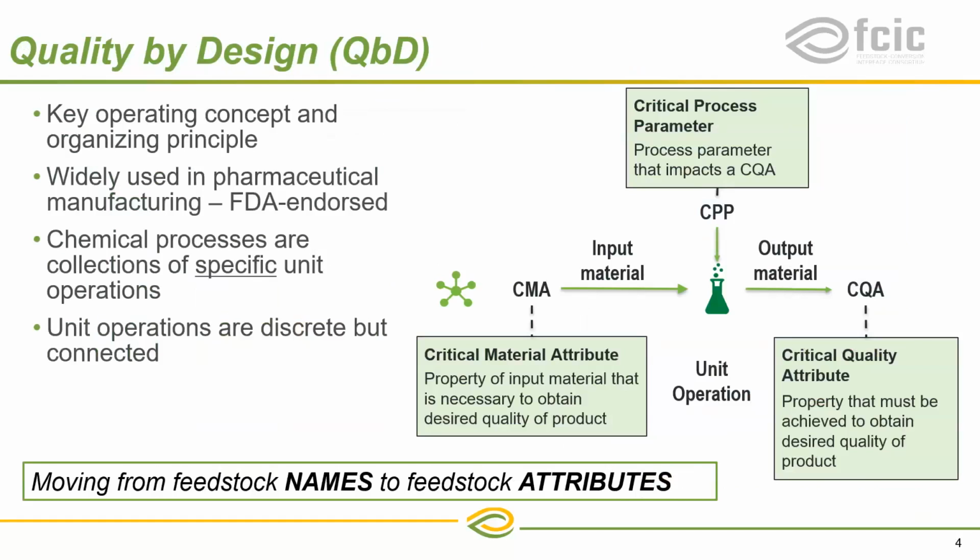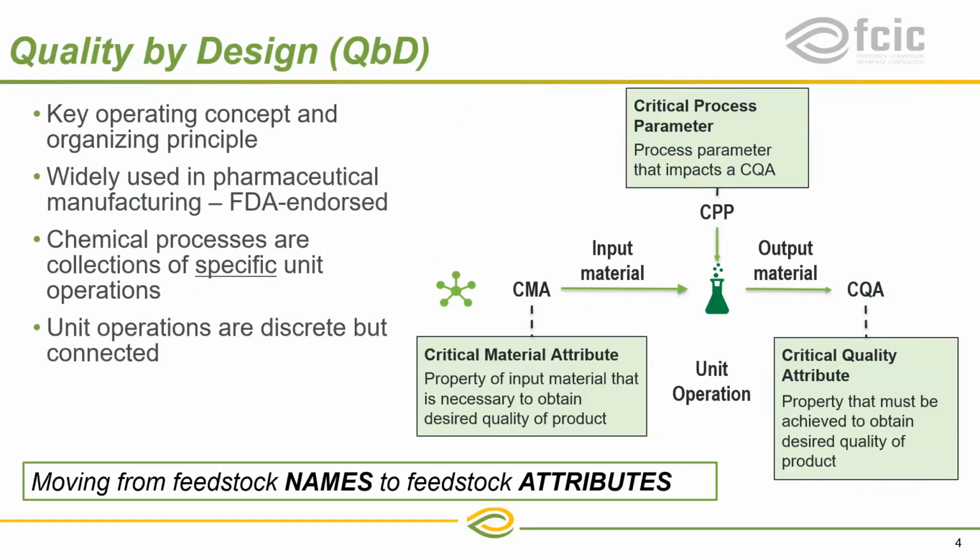So the FCIC got created, and we have one organizing principle, and I want to spend a little time talking about quality by design, or QBD. Many of you folks, if you've got a background in pharmaceuticals, will be very familiar with this. It's a well-accepted approach in pharmaceutical development, endorsed by the FDA, and it operates under a basic chemical engineering principle.